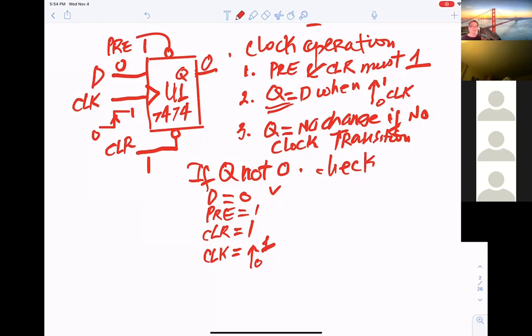Okay, anything you want to ask? Okay, now. Output is 1, and now I apply the clock.